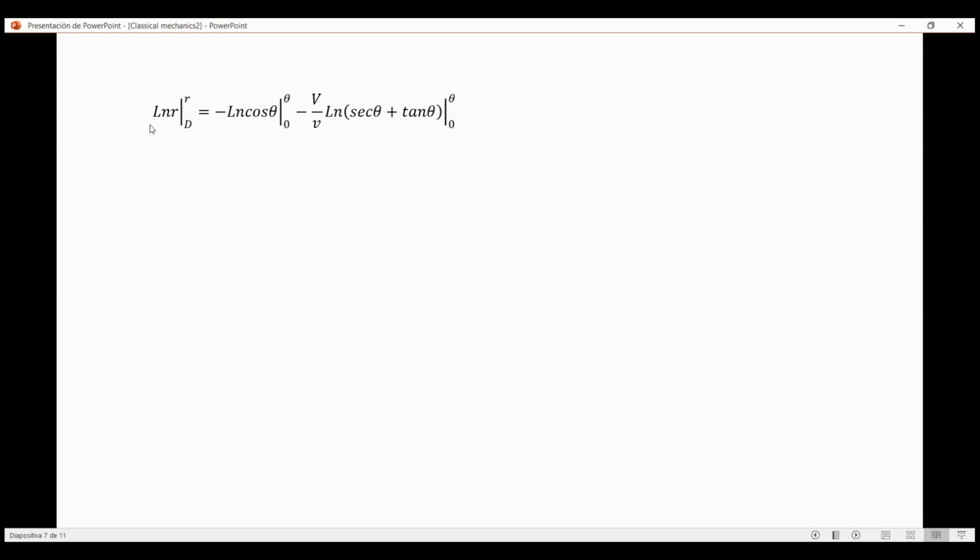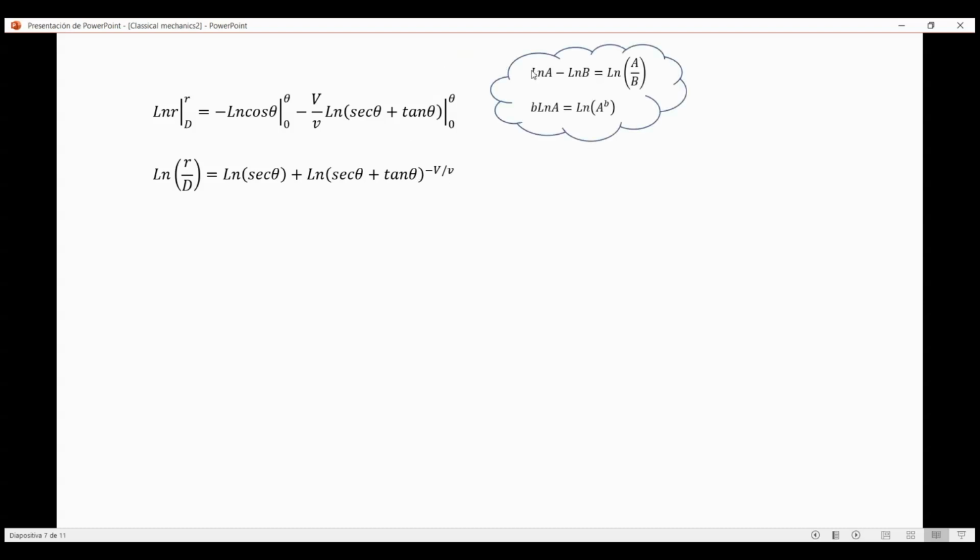So, okay, we just substitute in the formula, and we play a bit carefully. So the logarithm of the quotient of small r divided by d equals the logarithm of the secant, plus the logarithm of the secant plus the tangent to the power minus capital V divided by small v. For those of you that may not be familiar with logarithms, the logarithm of a subtraction is just the logarithm of the quotient.